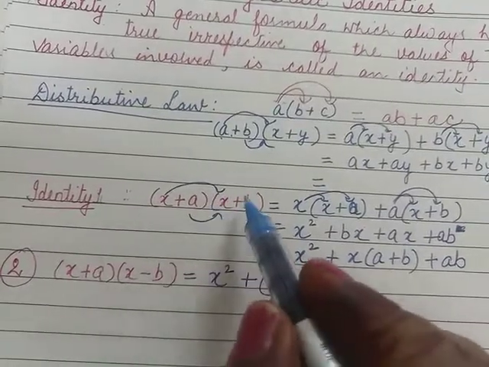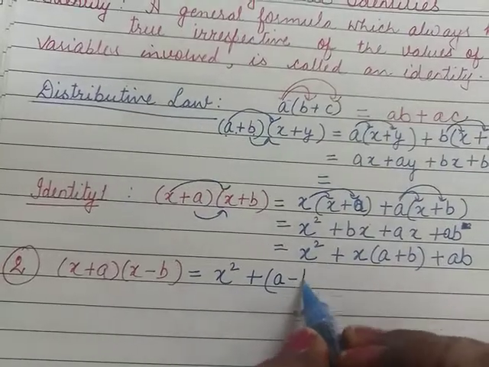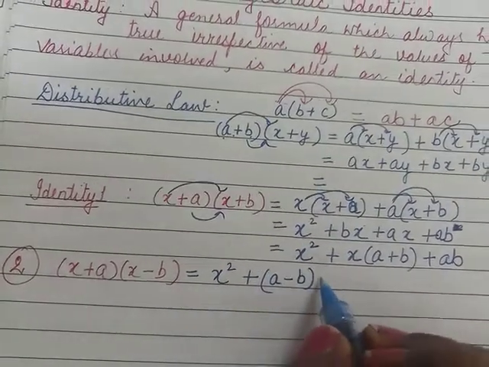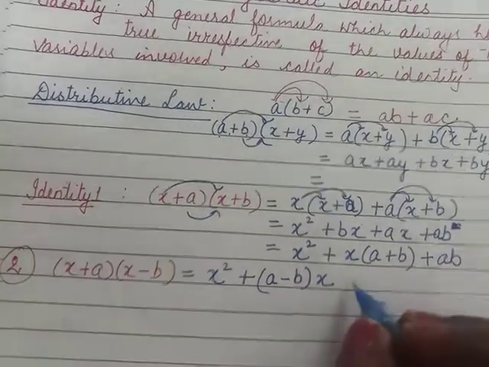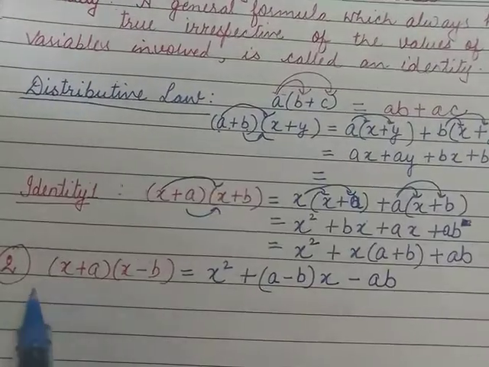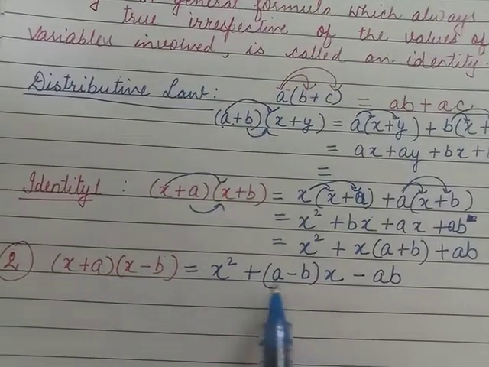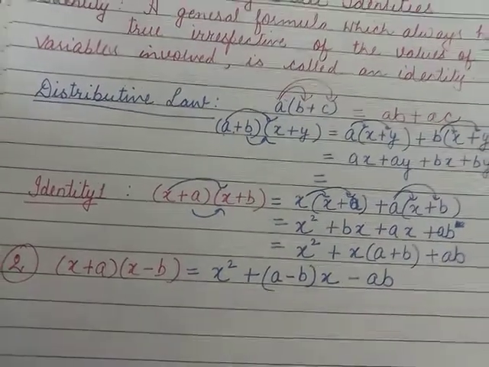If both are positive, we are writing a plus b. Here we have b negative, so we are going to write a minus b into x. This is plus, this is minus, so it will become minus ab. So the identity for the second one is x square plus a minus b into x minus ab.